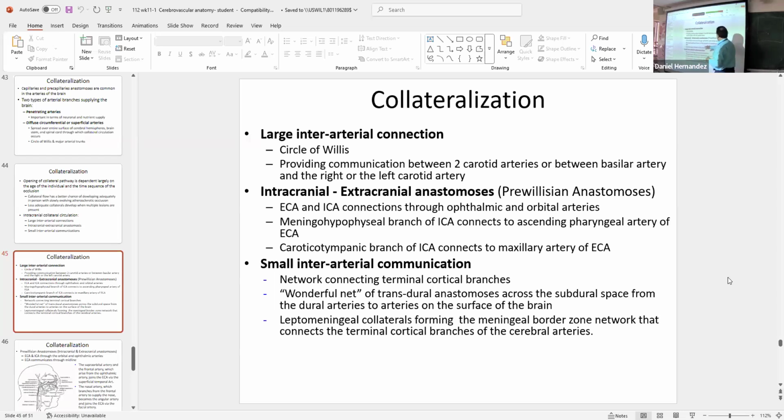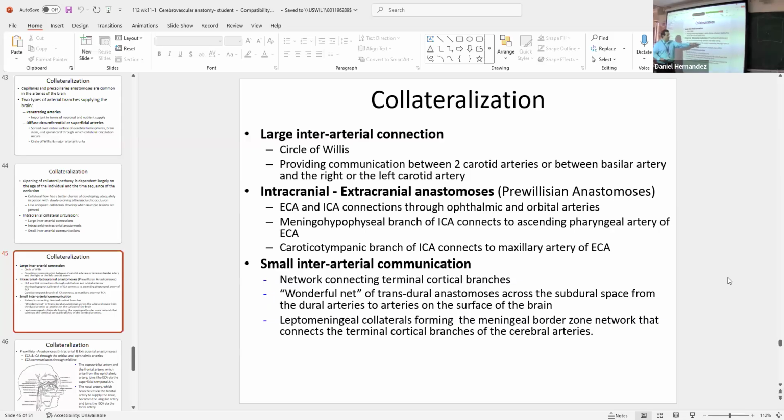So branches of the ICA will connect to branches of the ECA, such as the ascending pharyngeal artery of the ECA. The caroticotympanic branch of the ICA connects to the maxillary artery of the ECA. I'm not going to ask you to memorize all these various connections. I want you to just understand that branches of the ECA will connect to branches of the ICA and drain into that ophthalmic artery and bring blood flow into the ICA.